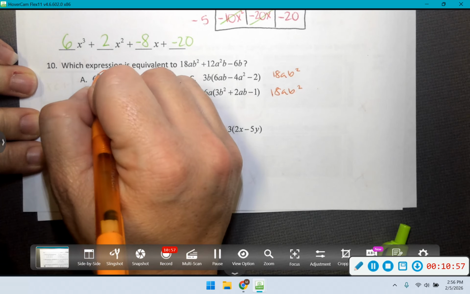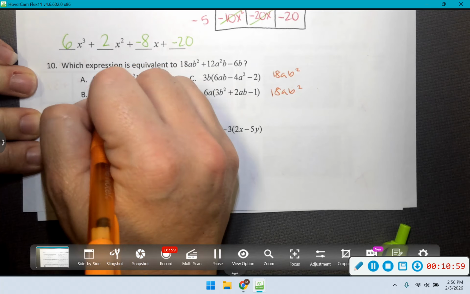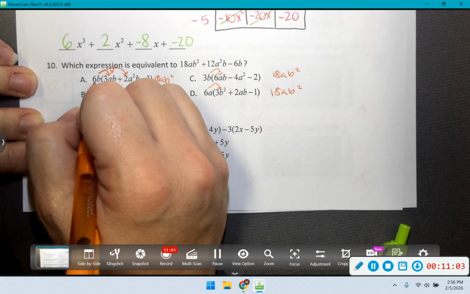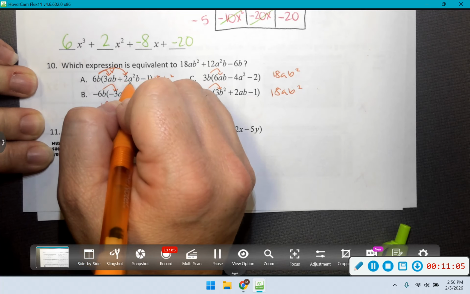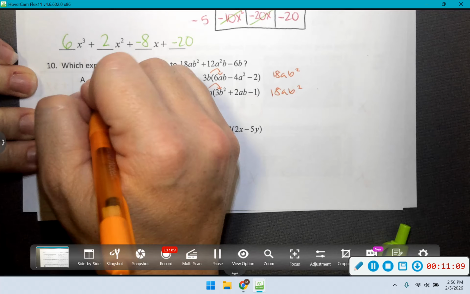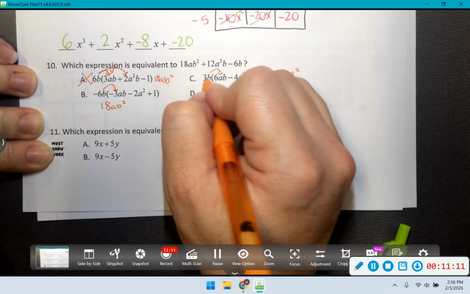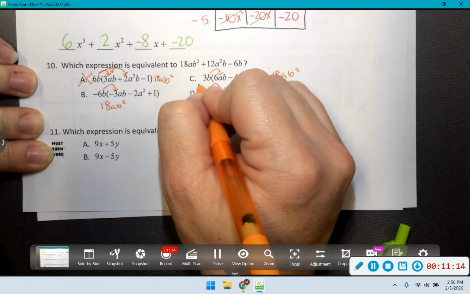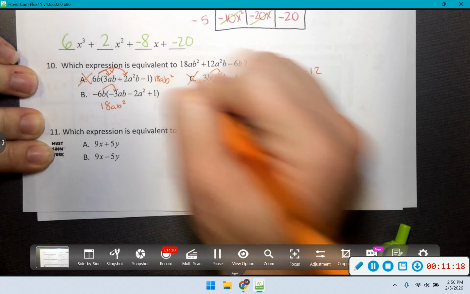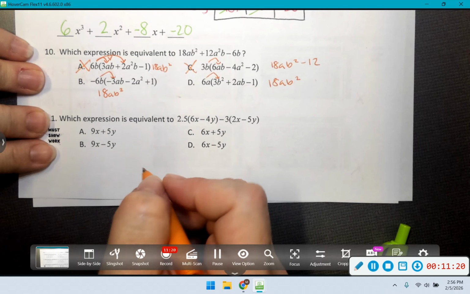Okay, then I've got to multiply again, I've got to distribute. So I did the first one for all of them. So 6b times 2a squared b is positive 12, but that's a squared b squared, which is not this, so that's not it. 3b times negative 4, well 3 times negative 4 is negative 12, and this is positive 12, so that's not it. So we've at least narrowed it down.